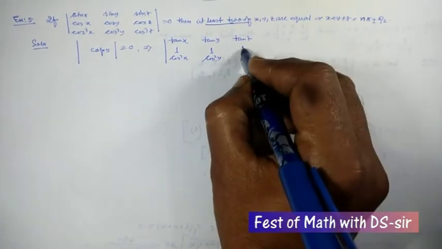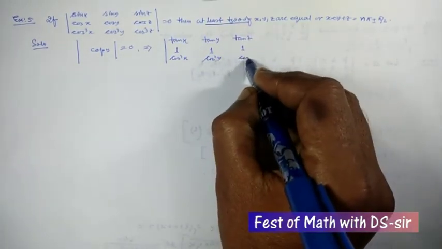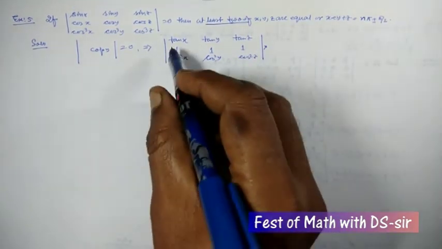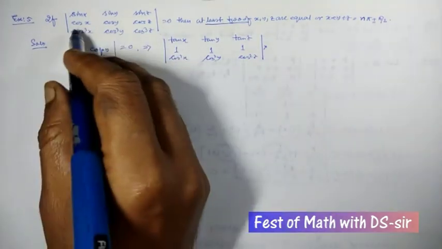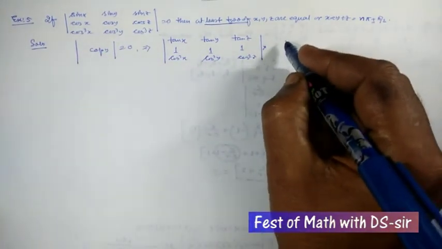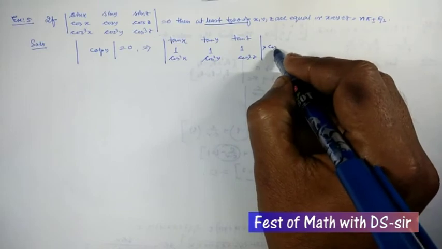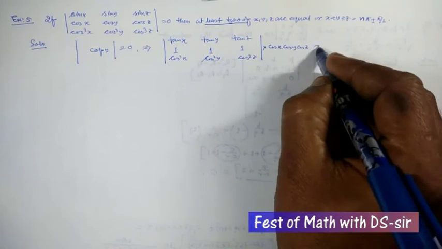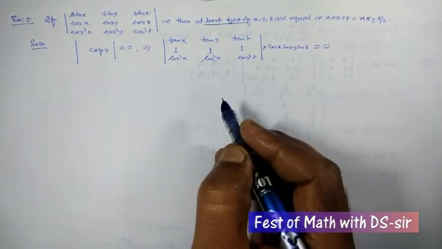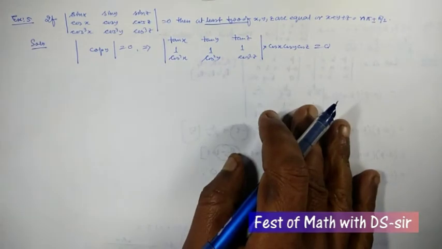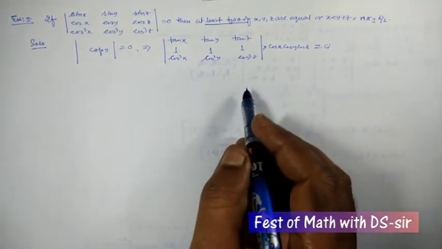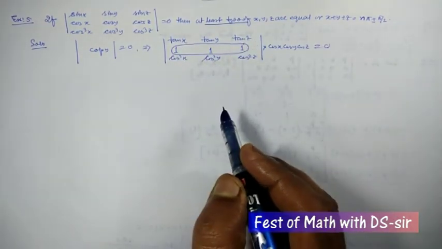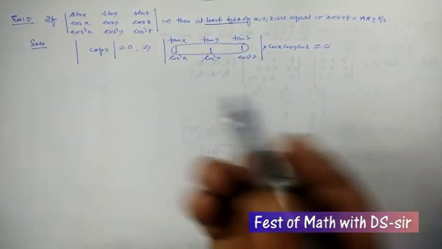Tan z, 1, cos square z. Into, since I divided first row by cos x, I have to multiply it by cos x, and cos y and cos z, that is equal to 0. And why I did this? To get this row, all elements are 1. So a prize is in my hand.